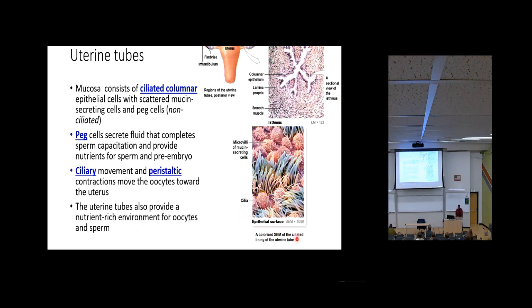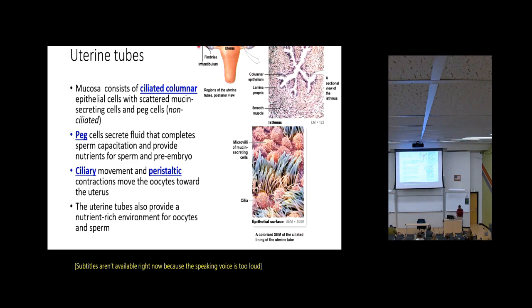And these uterine tubes will provide an environment which can help the nourishment of both the sperm and the oocytes as well. So it's pretty straightforward what the uterine tubes do. They not only help in the passage of the sperm and the oocytes, but they also help to nourish both the sperm and the oocyte.